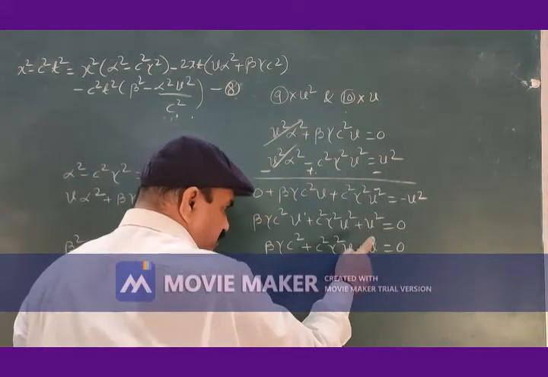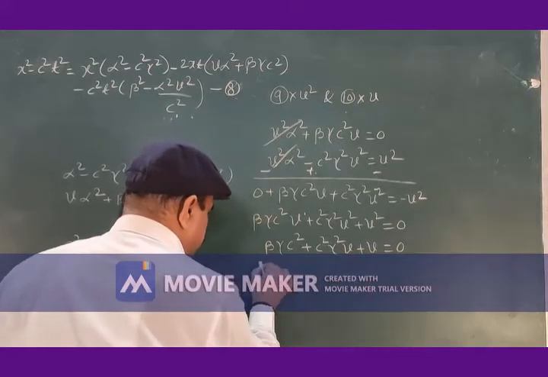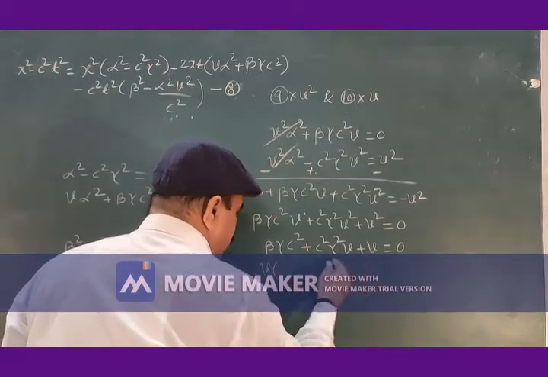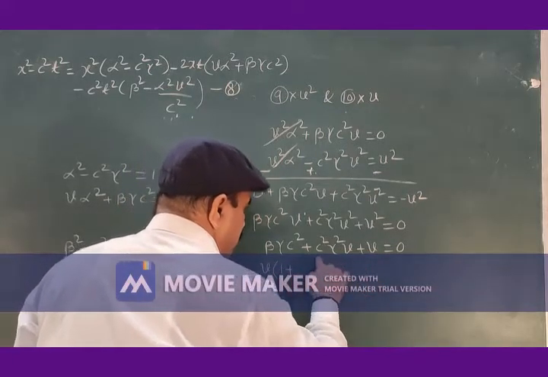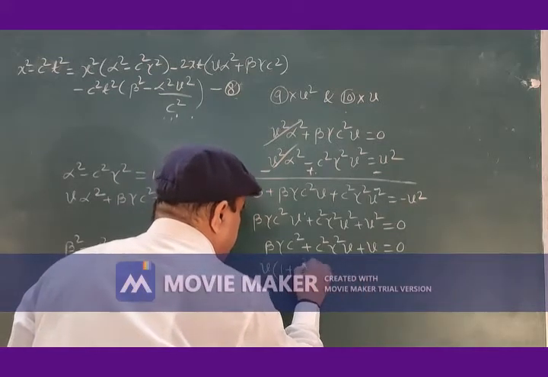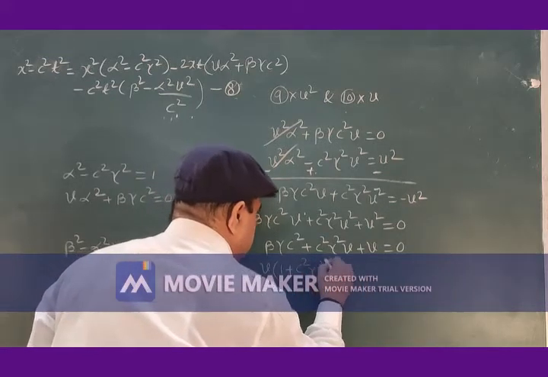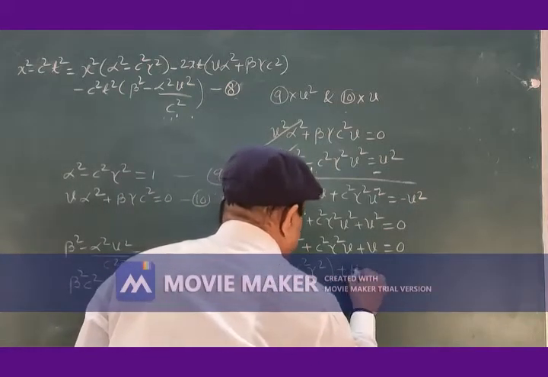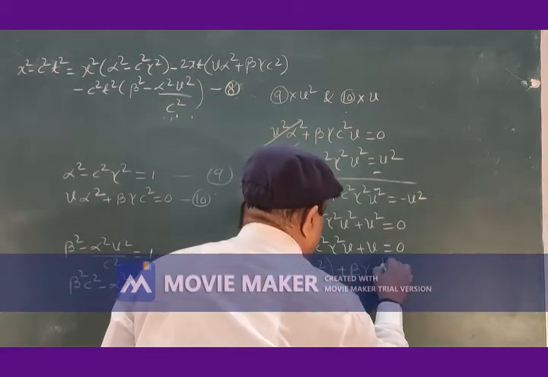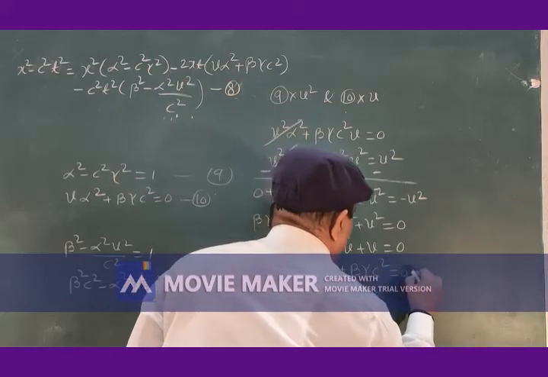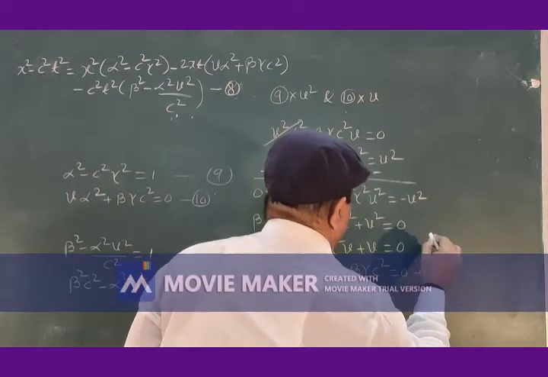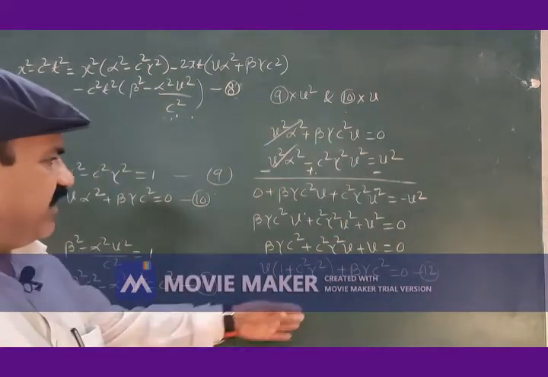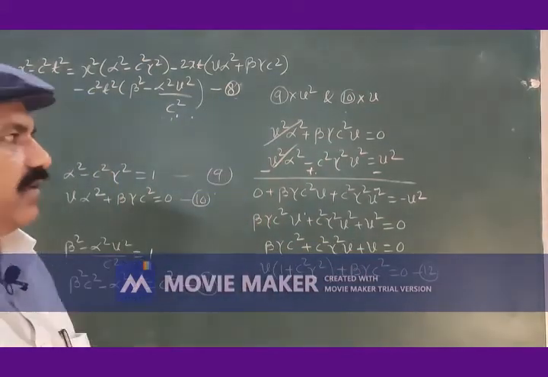From these two terms, let us take v common. What is left here? 1 plus c square gamma square, plus this term beta gamma c square, is equal to 0. Equation number 12, after 11.